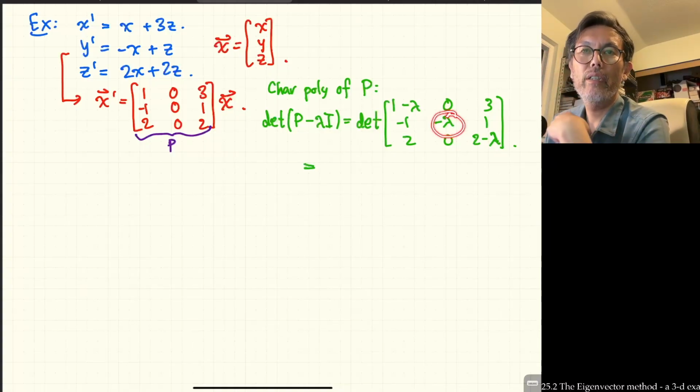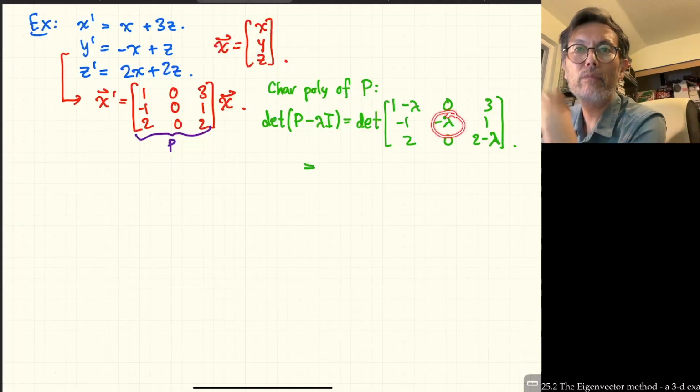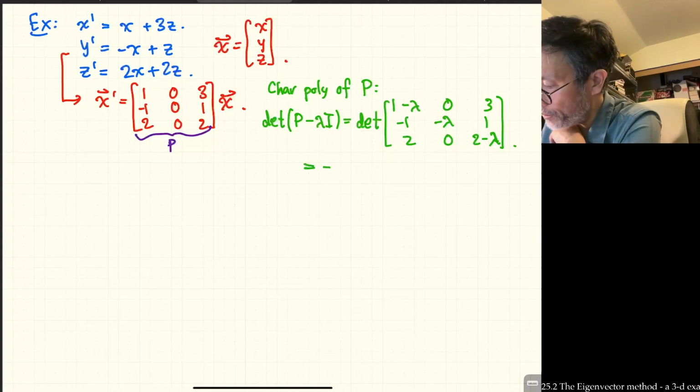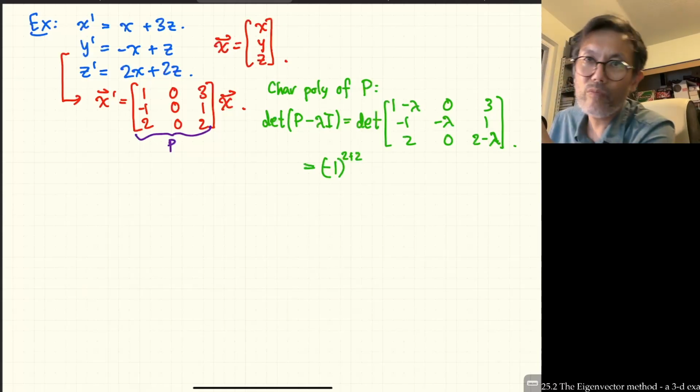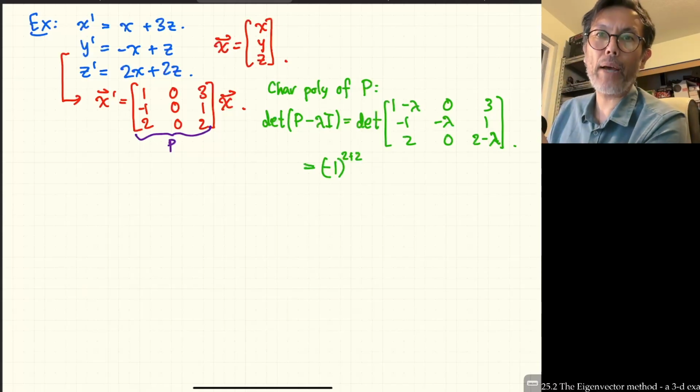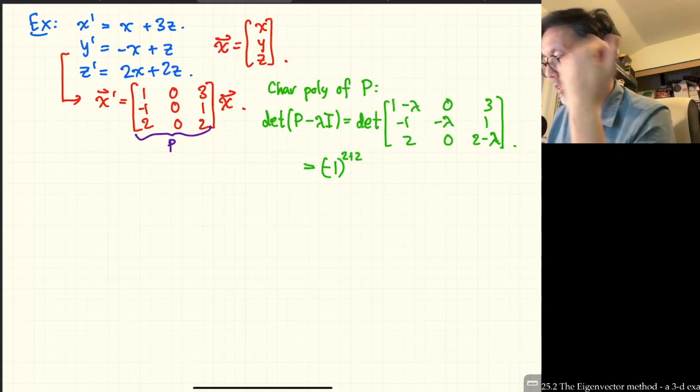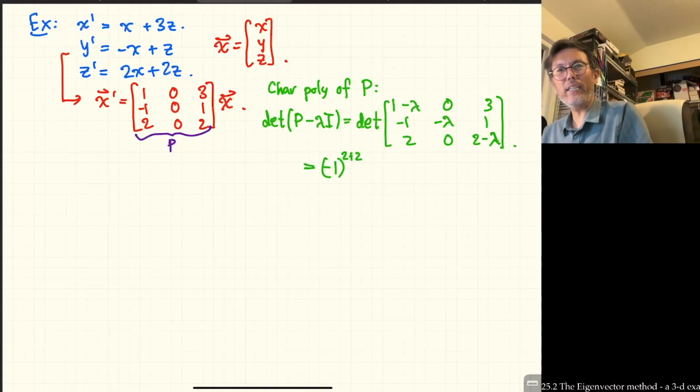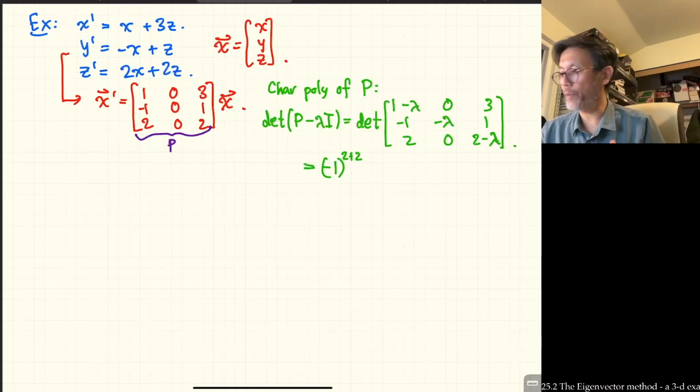Second row, second column. And so we're going to put negative 1 to the 2 plus 2 as the sign. I know you know, negative 1 to the 4th power is 1, so that's really just 1. But I'm putting it there just to remind you of how cofactor expansion works.